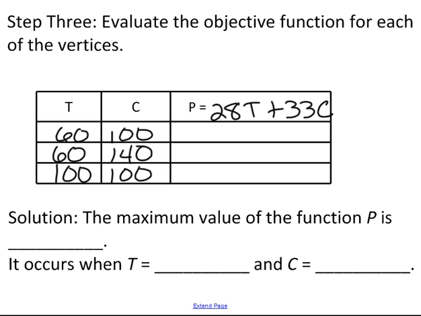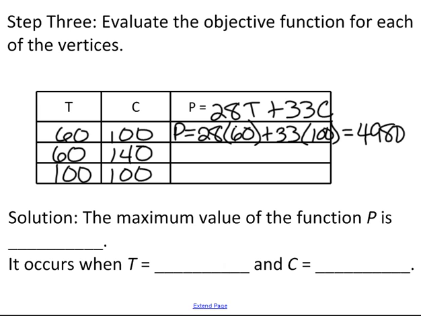So I'm going to take those points and plug them into our objective function. So the first one I have, P is equal to 28 times 60, plus 33 times 100, and we have to figure out what that is equal to. That comes to 4,980, which will be our profit if we make 60 tape players and 100 CD players.